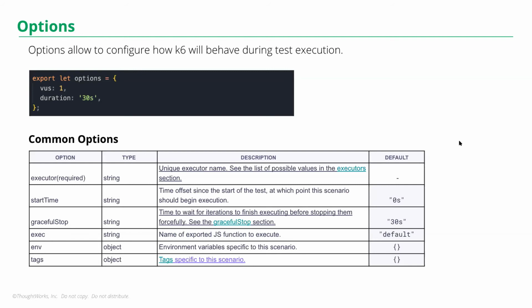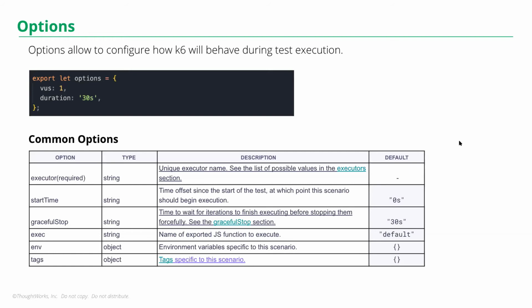Then we have graceful stop. Instead of abruptly closing the execution, graceful stop is added so that all the ongoing tasks can stop as per the time we mention here. Next we have exec.